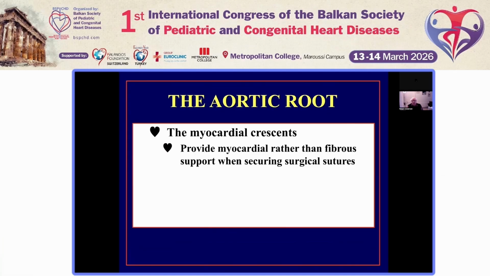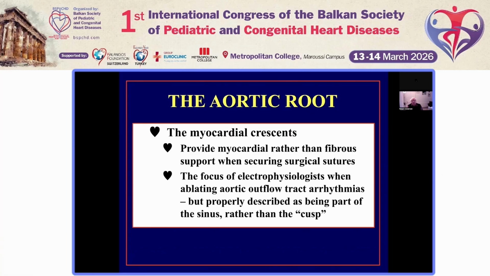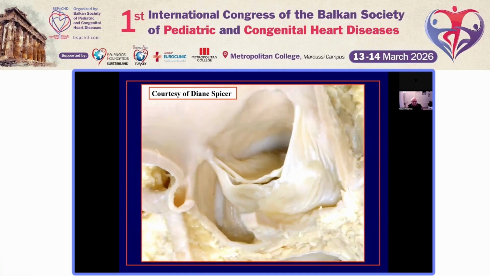They're important to the surgeons because they provide myocardial rather than fibrous support when the surgeon is placing stitches within the root. They are nowadays the focus of the electrophysiologists because that is where the electrophysiologists ablate the aortic root so as to cure ventricular tachycardias. But they are part of the sinus, which is why we should describe the sinus rather than the cusp.